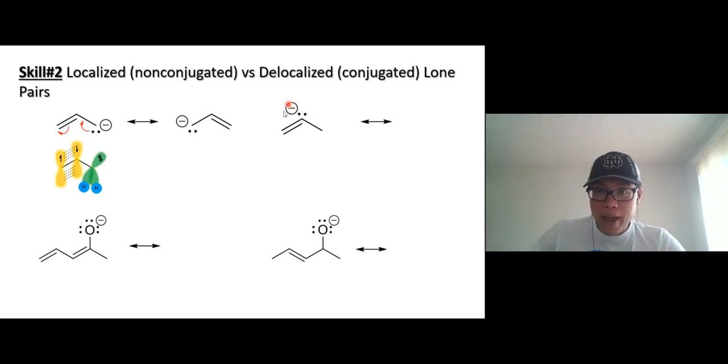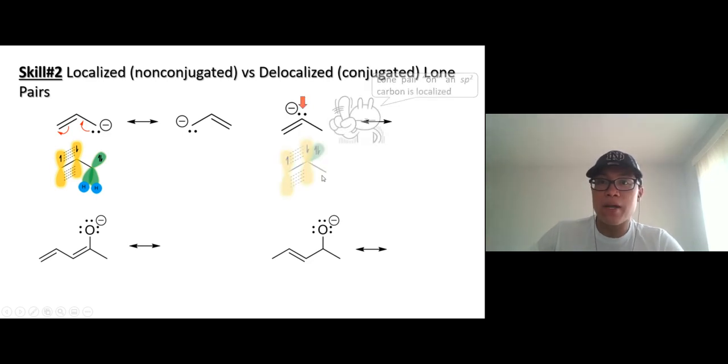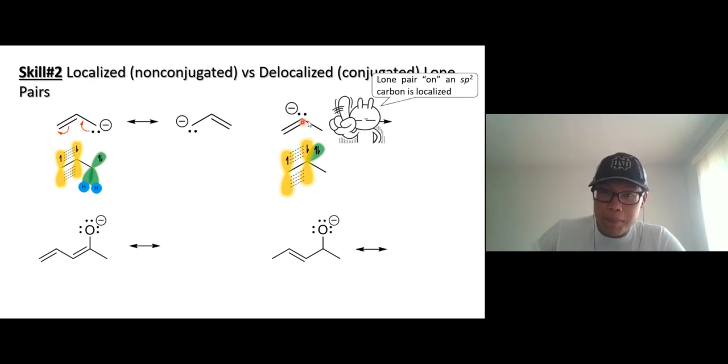Now, the lone pair right here, is this lone pair conjugated with this double bond? Not really. Look at this double bond here. The orbital of this lone pair is sticking out of that carbon, which is already on the double bond.